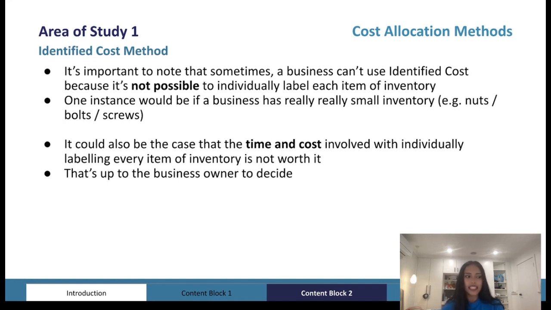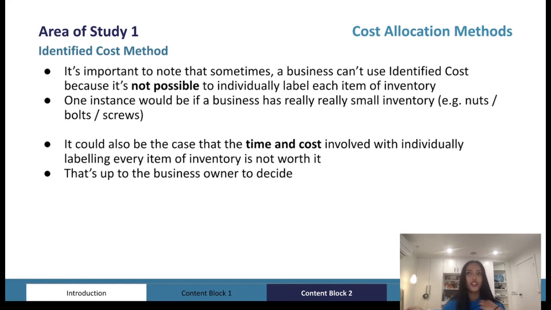So sometimes, even if it is possible for the business to individually label every single item of inventory, the business owner might decide that it's not worth the time and cost. Because when a business decides to use the identified cost method and add a tag and a sticker to every single item of inventory, that's not just going to magically happen.